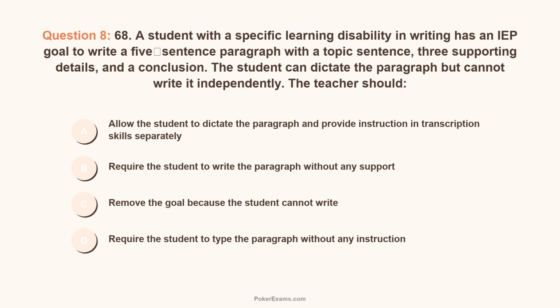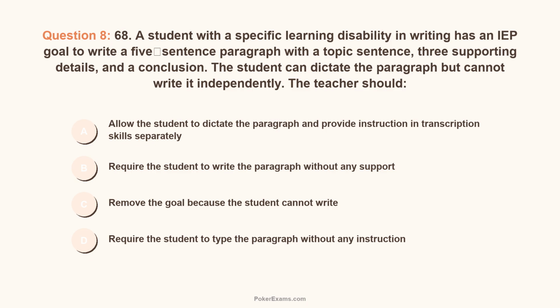Question 8. 68. A student with a specific learning disability in writing has an IEP goal to write a 5-sentence paragraph with a topic sentence, 3 supporting details, and a conclusion. The student can dictate the paragraph but cannot write it independently. The teacher should allow the student to dictate the paragraph and provide instruction in transcription skills separately.